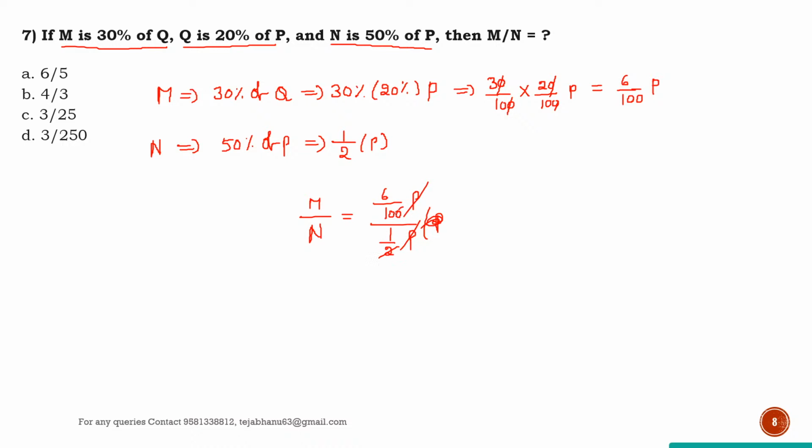Now it goes for 50 times. That is 6 by 50, which is 3 by 25. Option C is the answer.